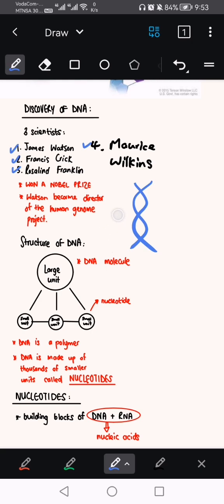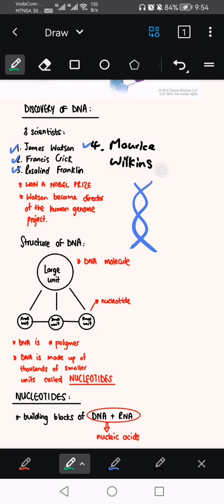If they ask who invented the double helix DNA molecule, who constructed the DNA structure, who constructed the DNA double helix, they can ask it in various ways and use various synonyms. But the point here is that if they ask who discovered its structure, who made up the model, you are allowed to say all four depending on how many they ask you for. If they ask you for three, you can write any three. If they ask you for four, obviously you'll have to write all four.